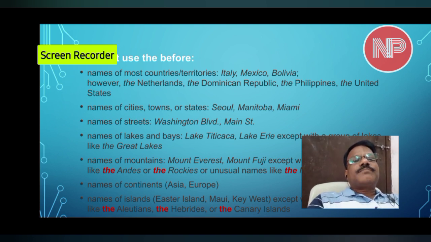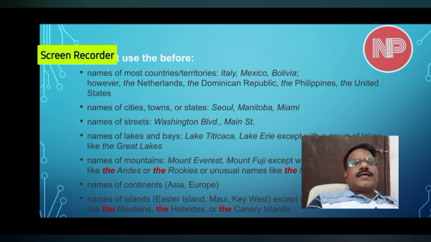The Dominican Republic, again you want to specify that country, that's why you say the Dominican Republic. The Philippines, the United States. These names give these nations much more importance, or you can emphasize these names by using articles. But generally, they don't take any kind of article.